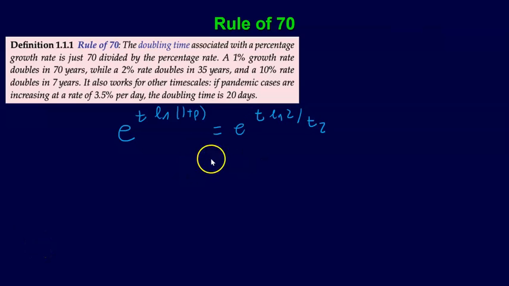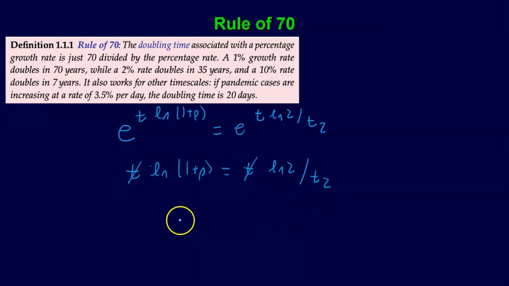All right, and we have an expression like this, exponential to something equals exponential to something. We can just set these two exponential pieces equal. So it's like t natural log of 1 plus p equals t natural log of 2 divided by that doubling time. And what's nice is we can then cancel out these t's, and we have this equation that basically we can go through and solve for the doubling time.